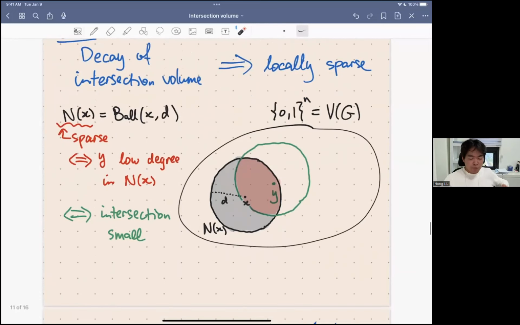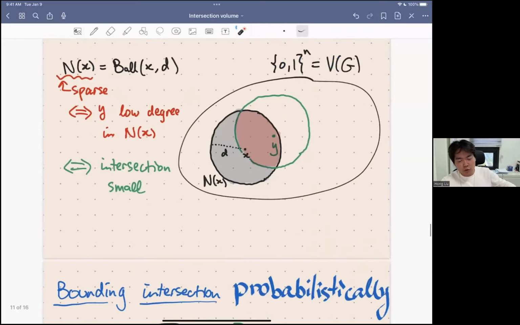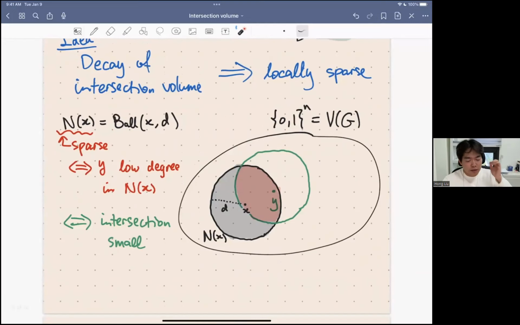And before I mention how we're going to go about doing it, let me remark that, in fact, in the binary case, even in the q-ary case, Hamming space, this decay on intersection volume was known already before.